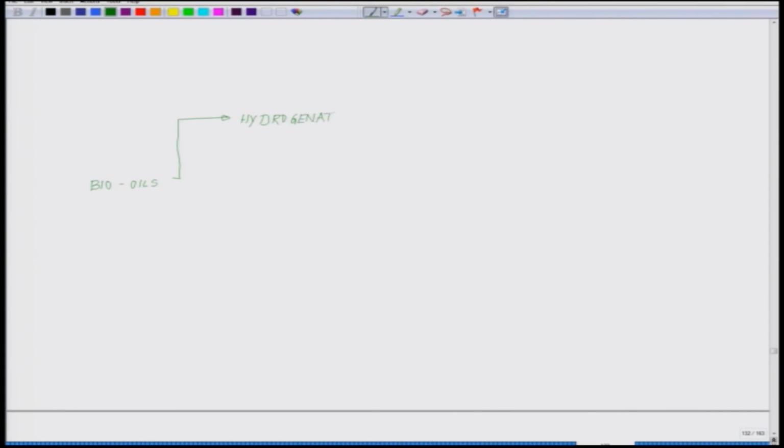So, what essentially is a hydrogenation reaction? Just to give you a brief idea, the simplest example: say you have CH2 and CH2 double bonded, and you are adding hydrogen to it. In other words, you are reducing it further, and you will get something like this, CH3 and CH3.